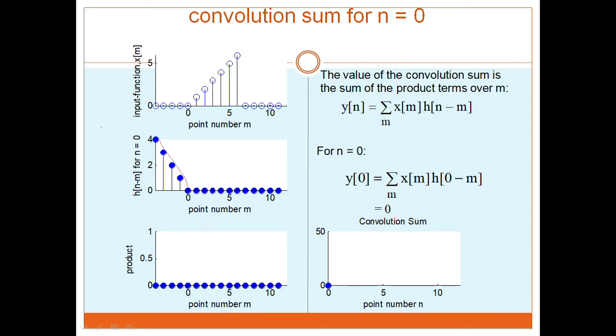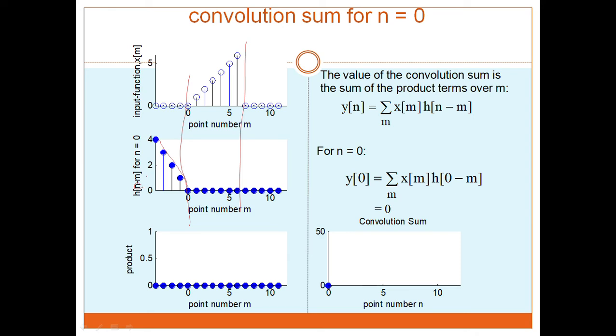For this example, the related region will be from this one until this one. So let's say we don't shift anything, that means n equals 0, the first step. We don't shift yet, so this equals 0.